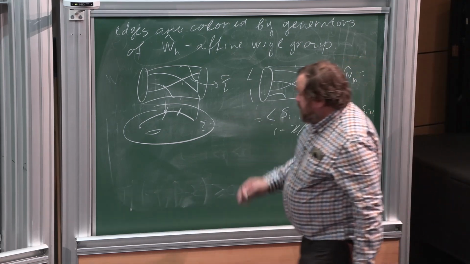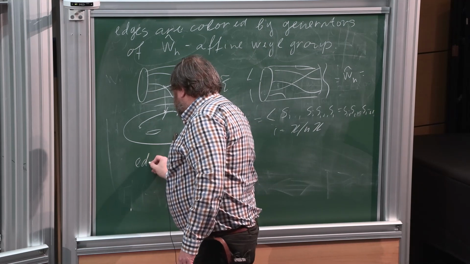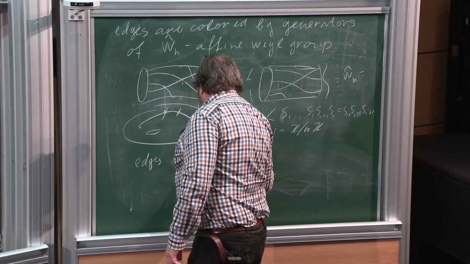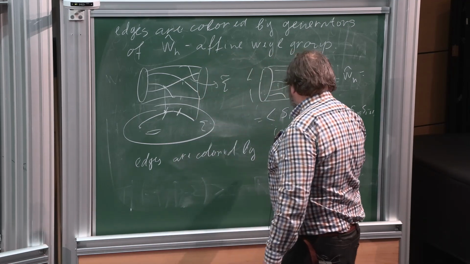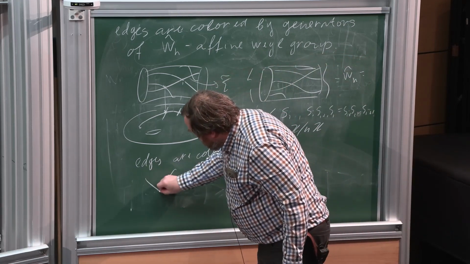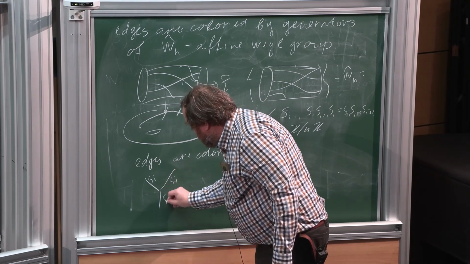So you have the graph, whose edges are covered by the Si. And the rule is the following: if you have triple points, then you have Si, Si, Si.